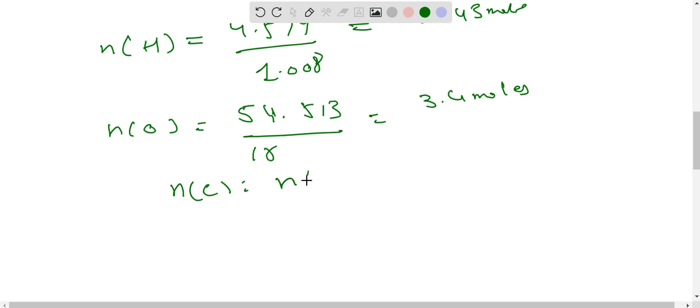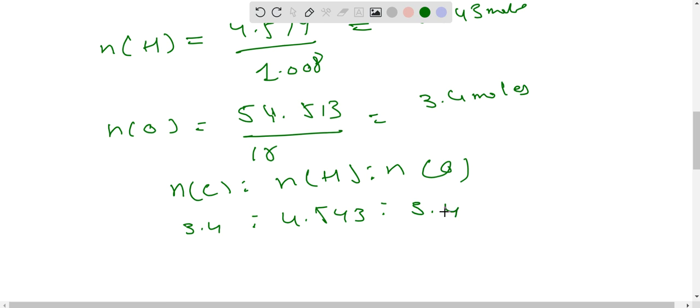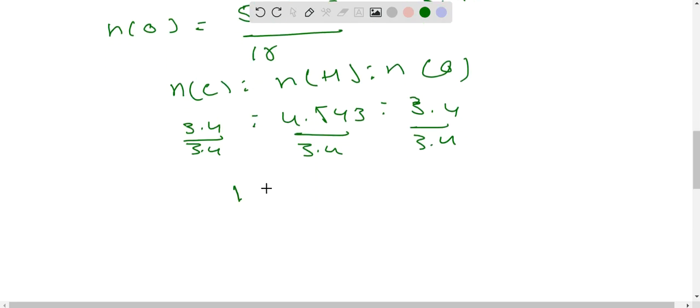So the number of moles of carbon is 3.4, hydrogen 4.543, and oxygen 3.4. So we have to divide these numbers of moles by the smallest number of moles, which is 3.4. So we get 0.331.